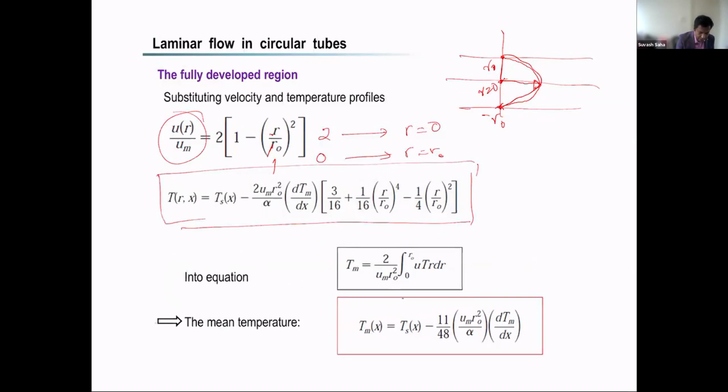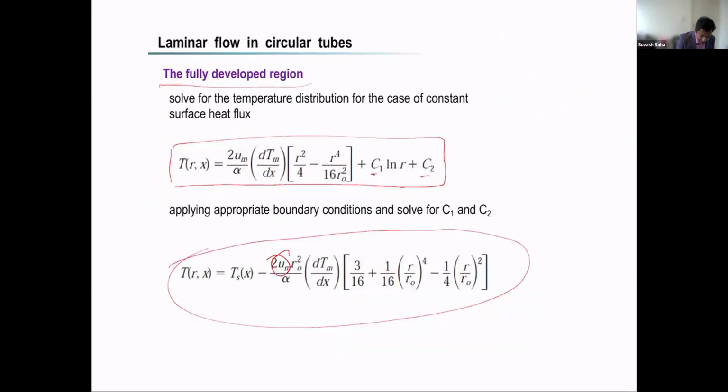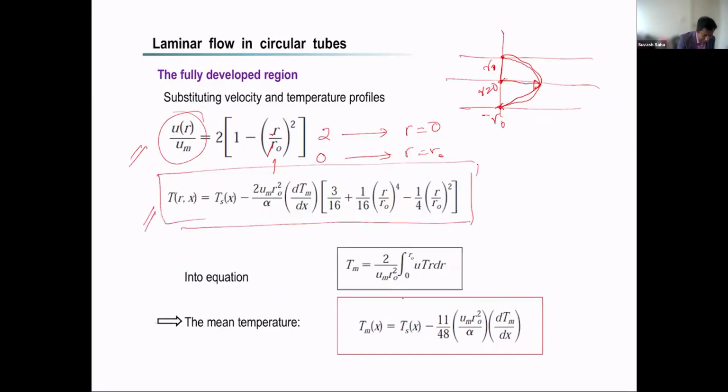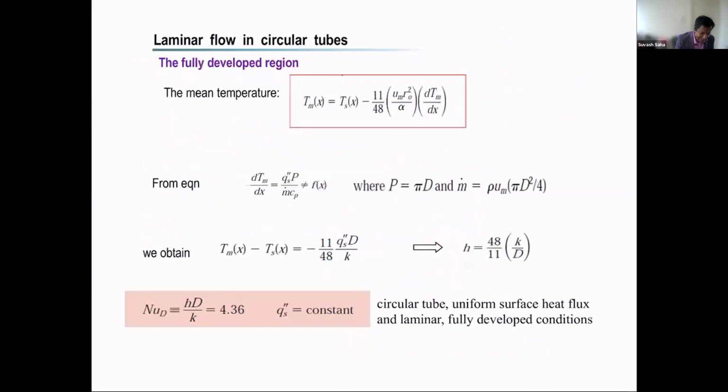So this equation and that equation, if we put this in Tm, the average temperature I showed in my 3rd slide, then ultimately we can get the mean temperature, this. So 11/48, it is a nice number. We need this number sometimes. So this is the average temperature. We are writing the mean temperature here again.